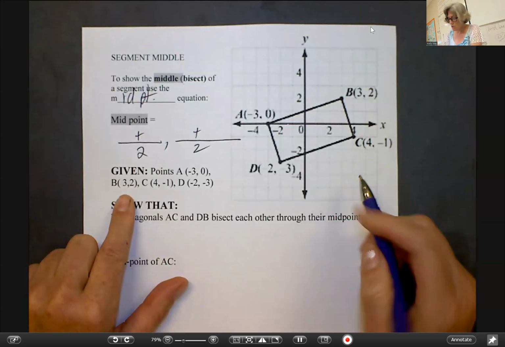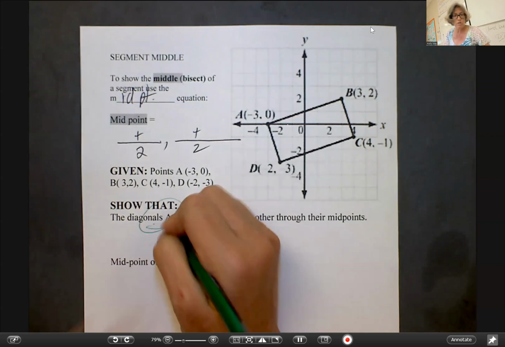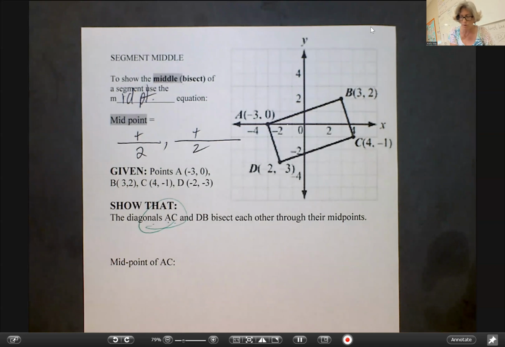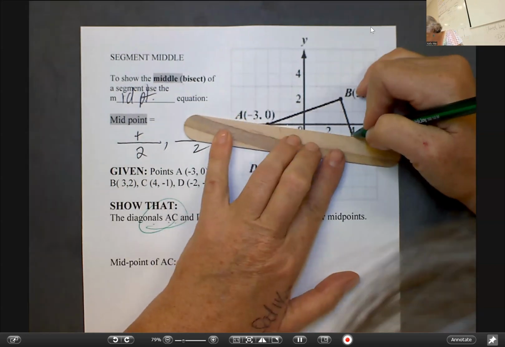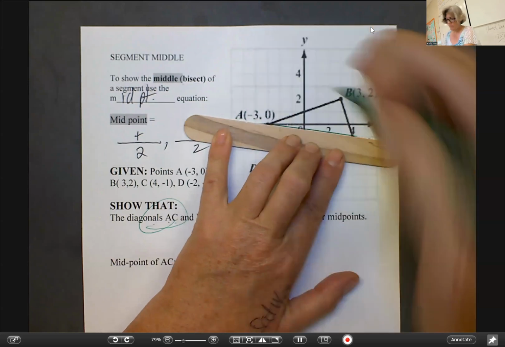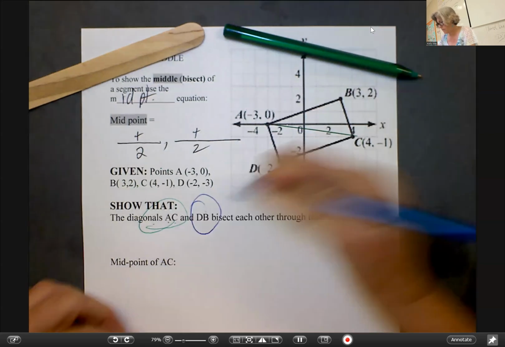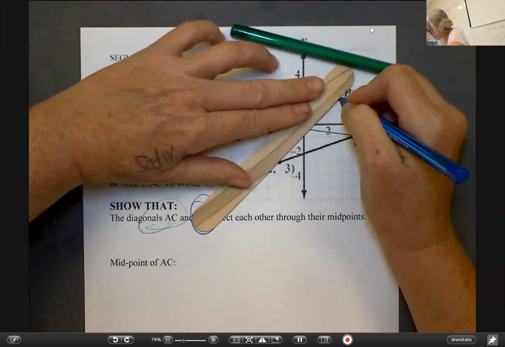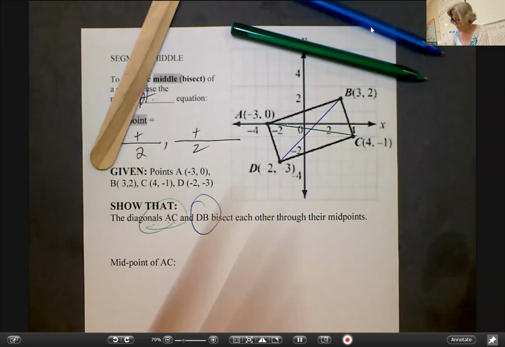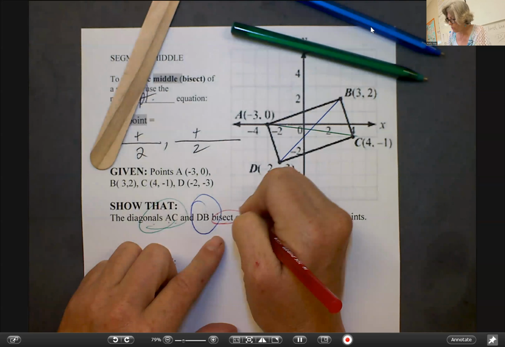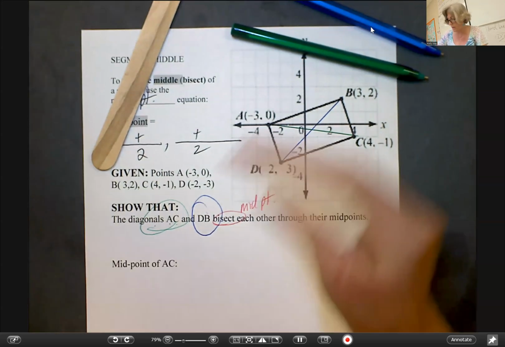Given the same set of points, we're going to show that the diagonals AC, so these you have to draw in, the diagonals AC and the diagonal DB bisect each other. Bisect means they're going to go through each other's midpoint, but you have to demonstrate that mathematically.